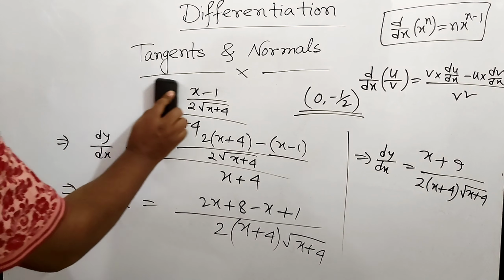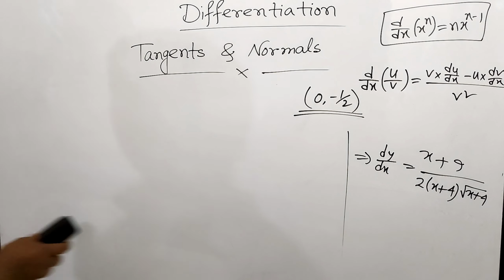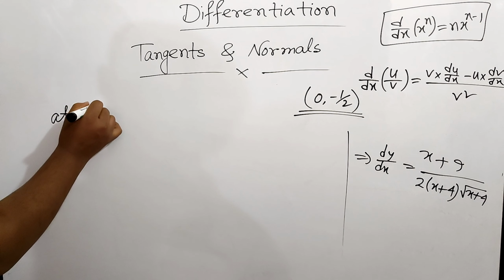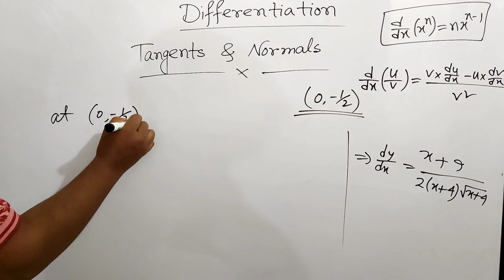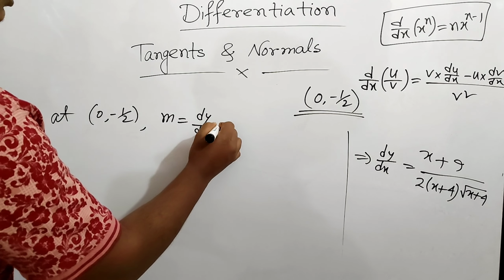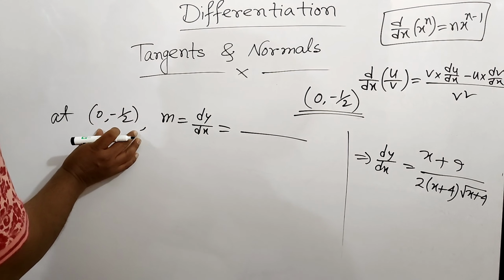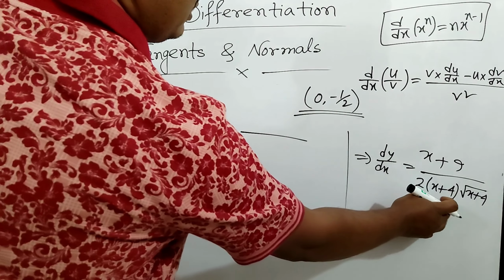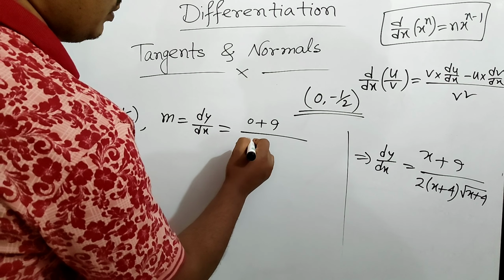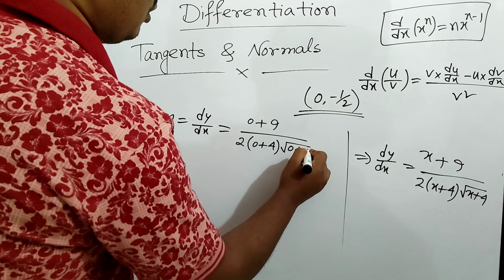So now at 0 negative half, the value of m, that is dy over dx, equal. Okay, now if we put the value of x equals 0 in this equation, then you will get 0 plus 9 divided by 2 multiplied by 0 plus 4 root over 0 plus 4.